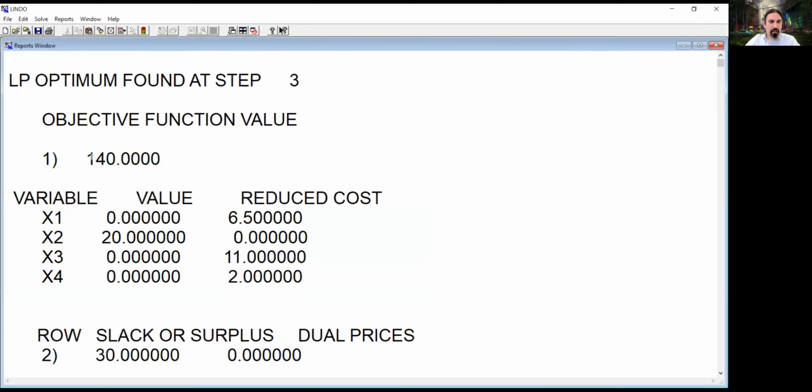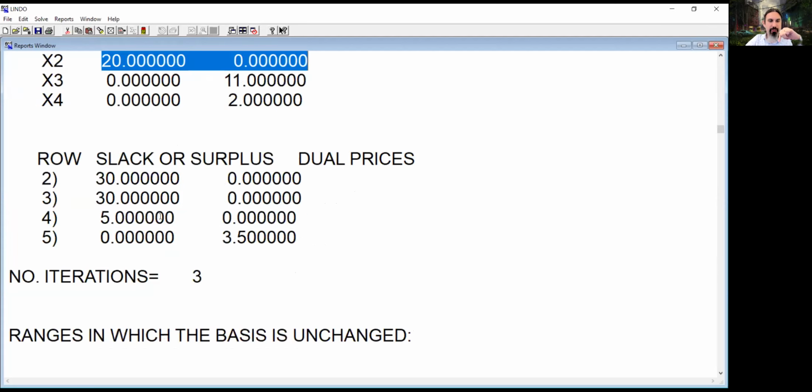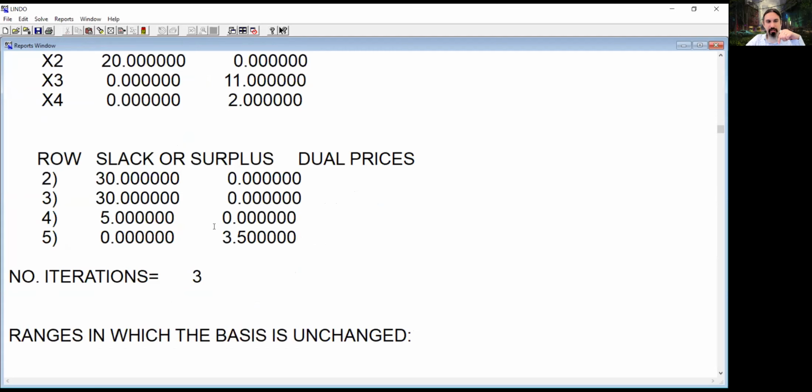Yes, so we have 140, just one of them, 20, x2 is equal to 20. All three of them have a reduced cost of 0, non-zero. So they're all non-basic variables. X2 is just one basic variable, so I have to see 3 basic variables down with the slack or surplus. So 1, 2, 3, yes, there are 3 basic variables.